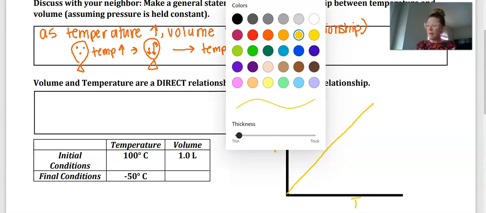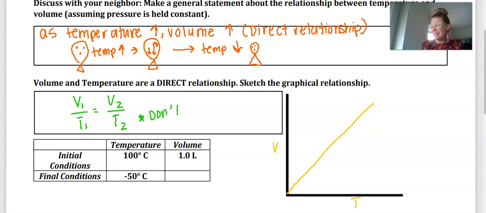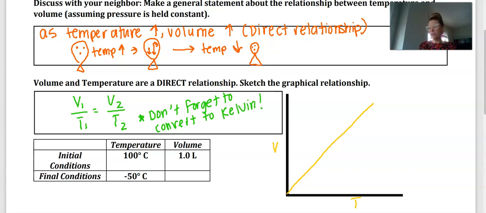Now, our mathematical equation that we're going to use for Charles' law, you can set it up almost using a proportion, but it's going to be V1 over T1 equals V2 over T2. And I'm going to star this and say, don't forget to convert to Kelvin. It's very important with gas laws to convert to that Kelvin temperature.